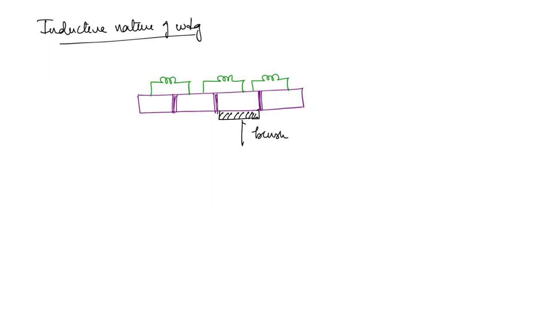Next, we will take the direction of rotation. Let us say the commutator segment is moving to the left. This is the direction of motion of the commutator segment. Now what is happening? Let us assume it to be a DC generator, so the brush should be collecting the current. So current will flow out like this.